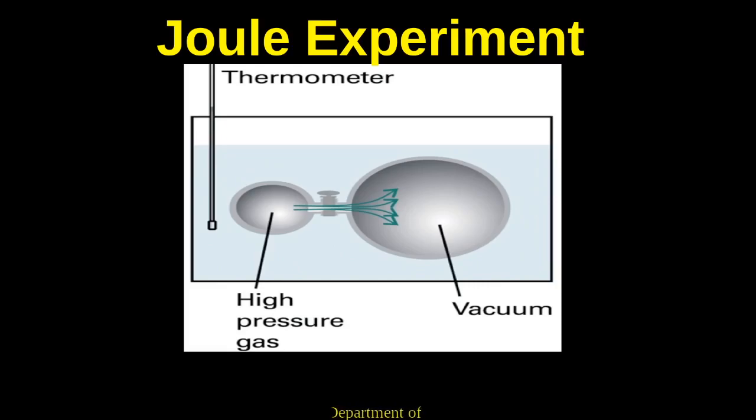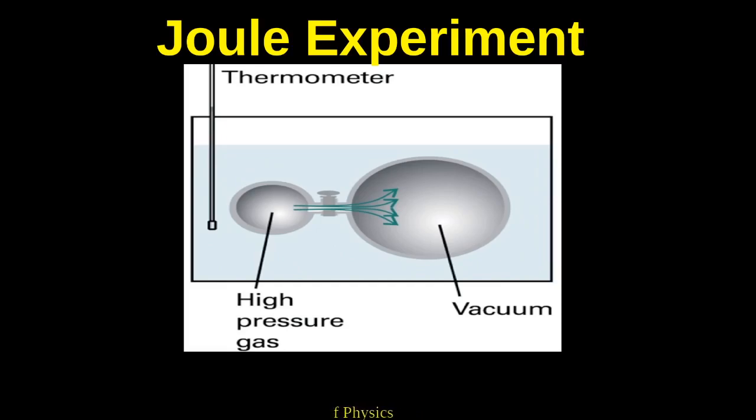This experimental result is often referred to as Joule's law and may be stated thus: the internal energy U of a gas depends only on its temperature T and is quite independent of its volume V and pressure P.